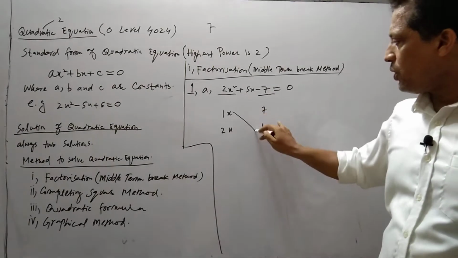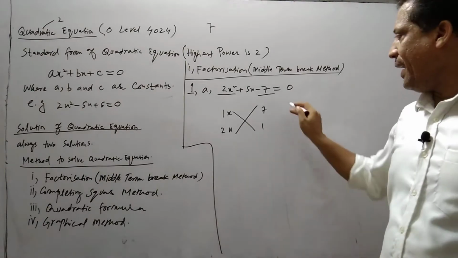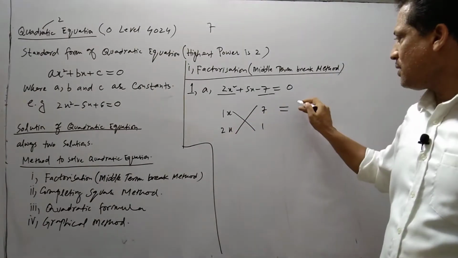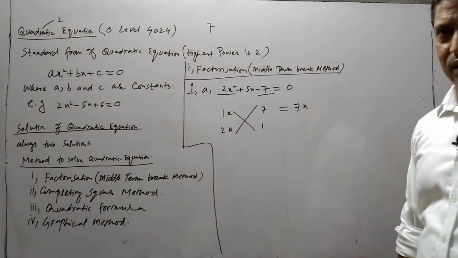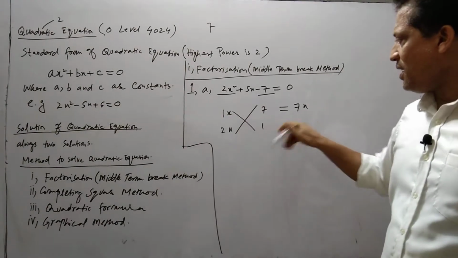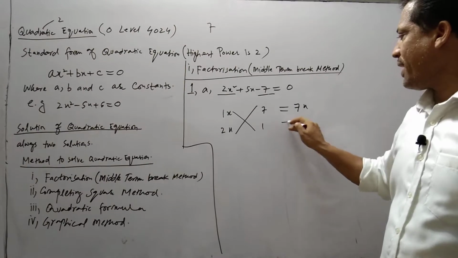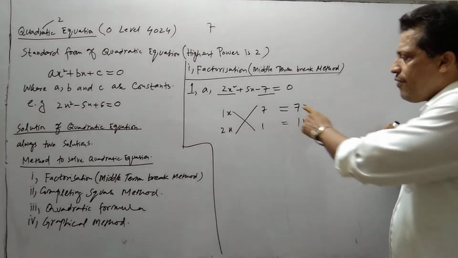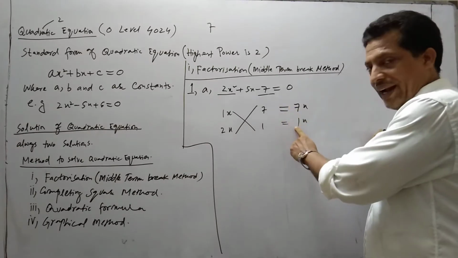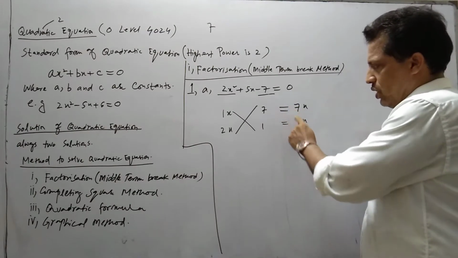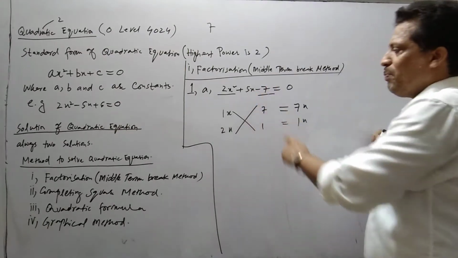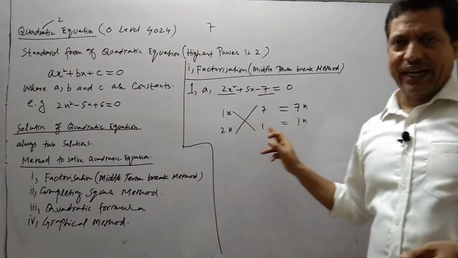Now make two lines and cross multiply. 2x by 7 is 7x and 1x by 1 is 1x. Now check. If you add or subtract these two and you get 5x, it means your method is correct.